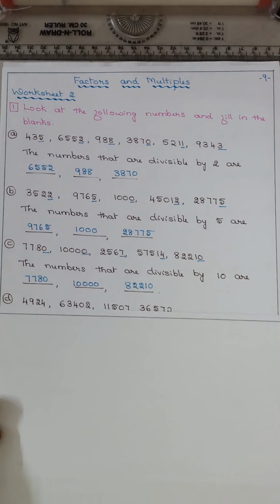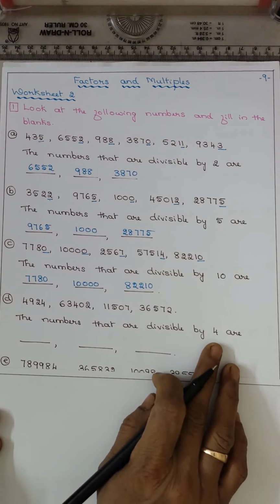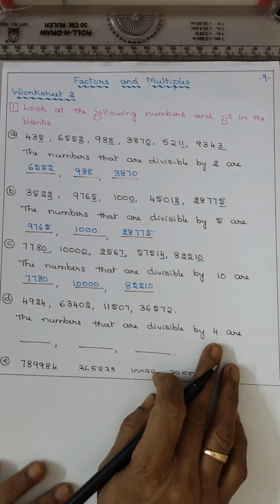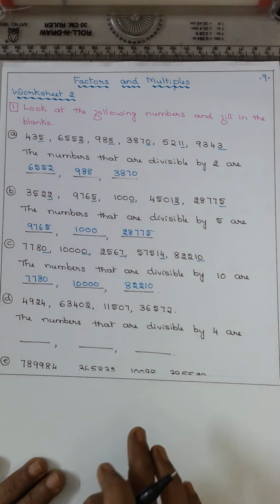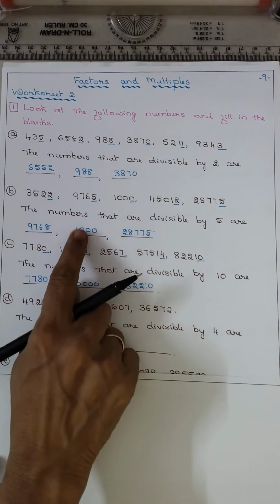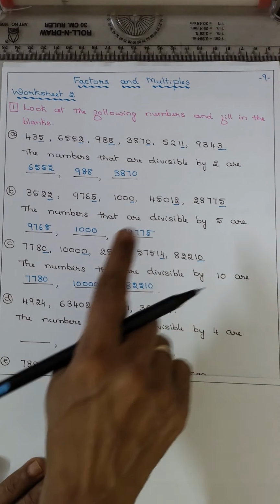Hope everyone is understanding. Easy ones, isn't it? Now for 4 we have to see the last 2 digits, isn't it? Did everyone understand this? For 2, it should be even. For 5, ending with 5 or 0.